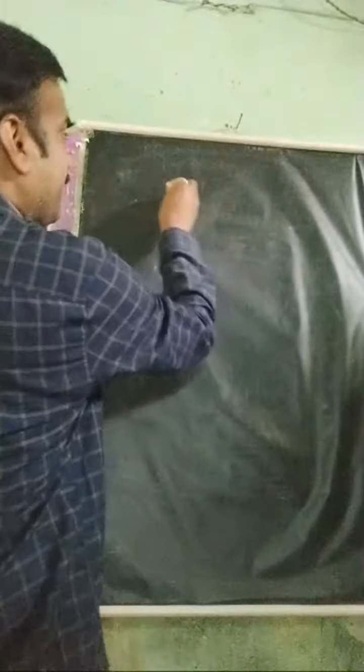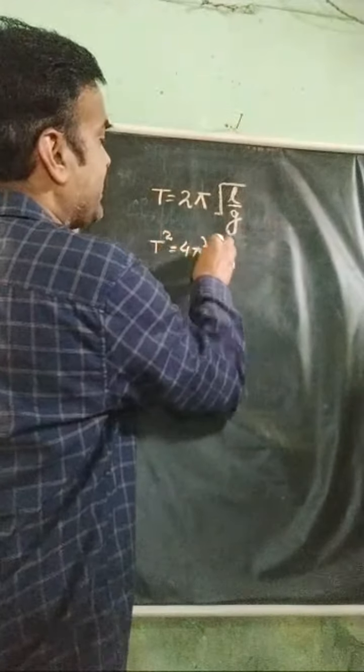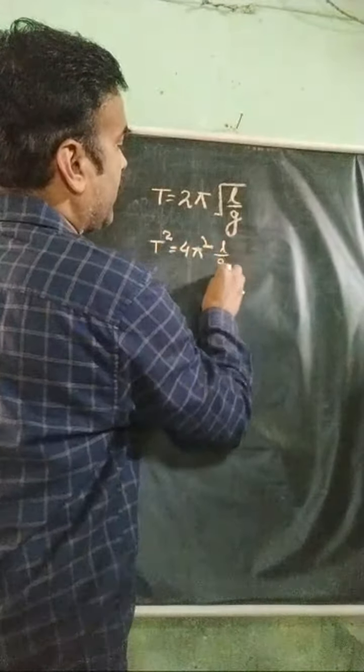Already we know T equals 2π under root L by g. This formula we already know. So we can also write T square equals 4π square L by g. Now again we can write T square is proportional to L. On this basis, we can draw the graph.